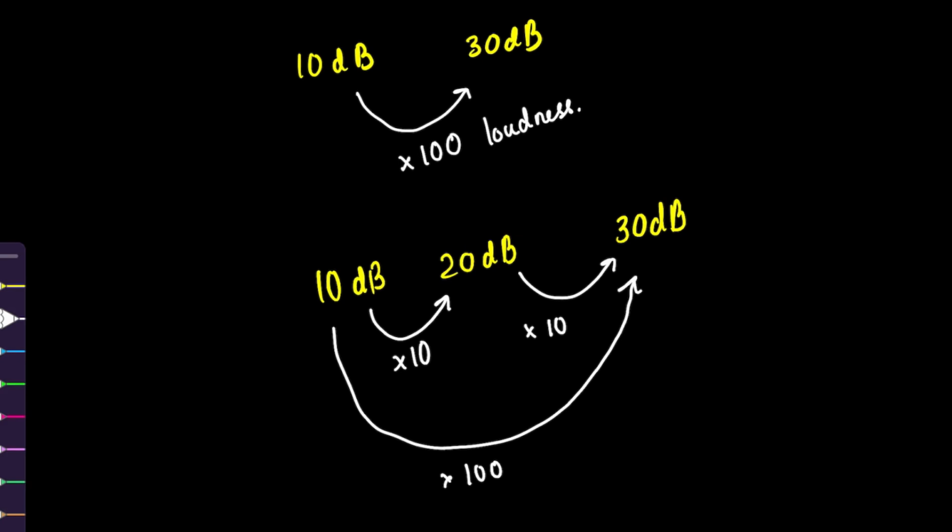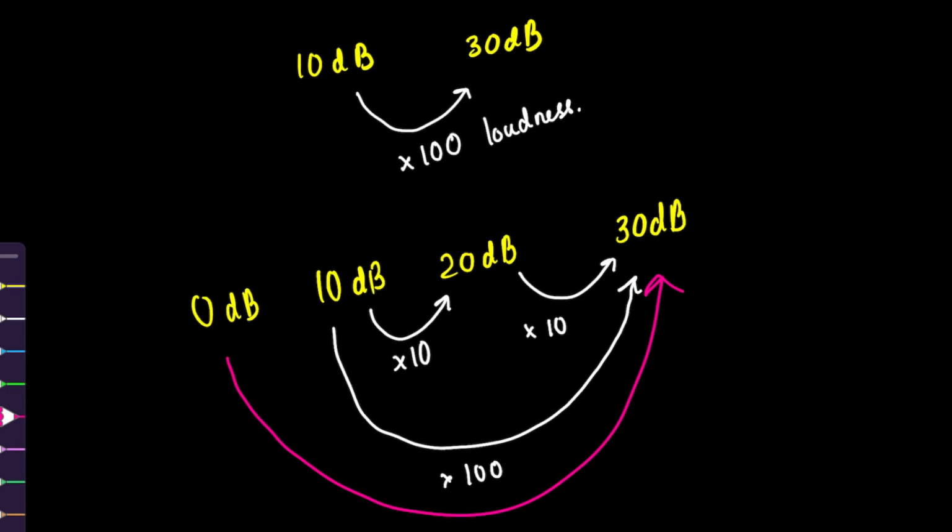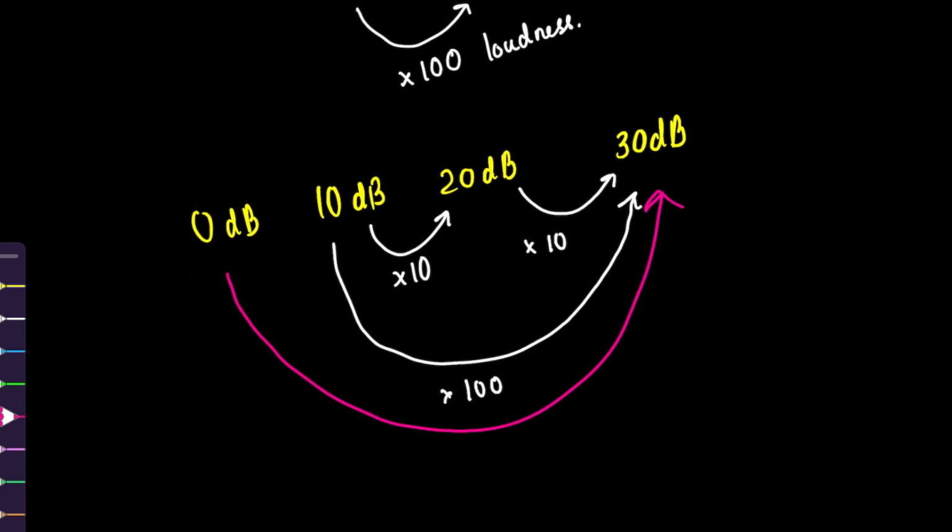But if we start off the scale at 0, let's say, what's going to be the difference from 0 to 30? Because remember, we want to make sure that it was a 30 decibel difference. So from 0 to 10 is another 10 times difference. So what's going to be the total in this case?